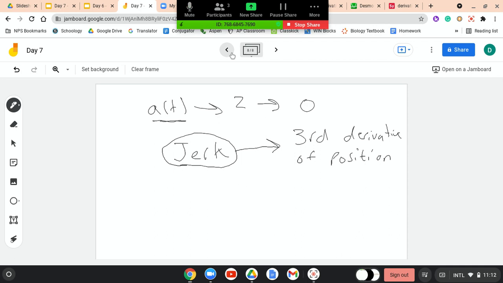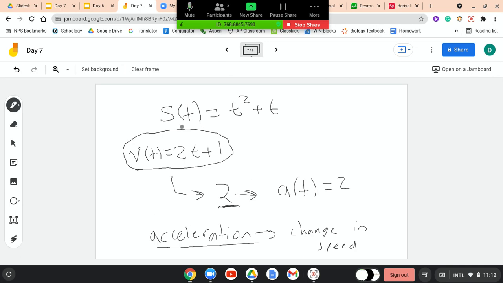Just from knowing this, if this is a function that describes our distance as a function of time, just by using derivatives, we can extrapolate information out of this function. We just showed that if this is my position as a function of time, my jerk is 0, my acceleration is 2. My acceleration is constant and it's 2.